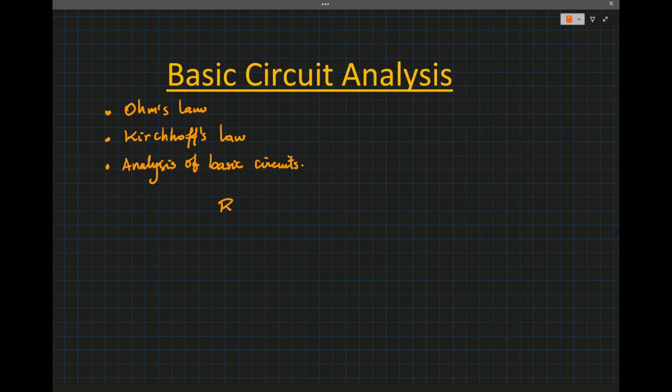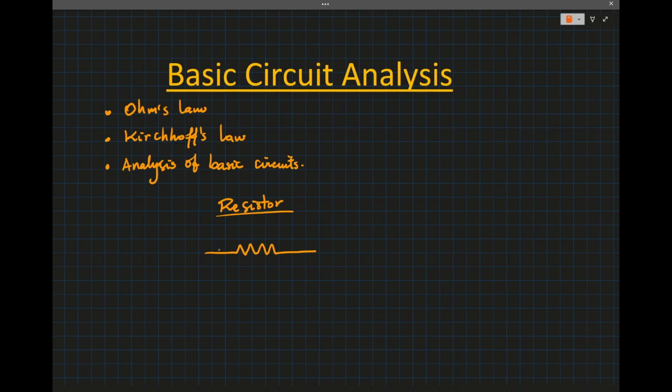So we're going to start with the resistor. The resistor is represented by this symbol, and this resistor is a passive element.